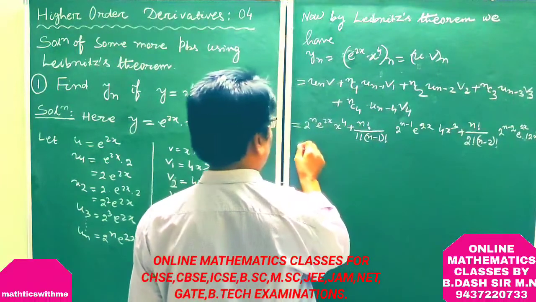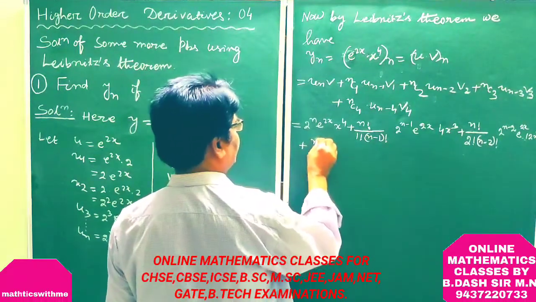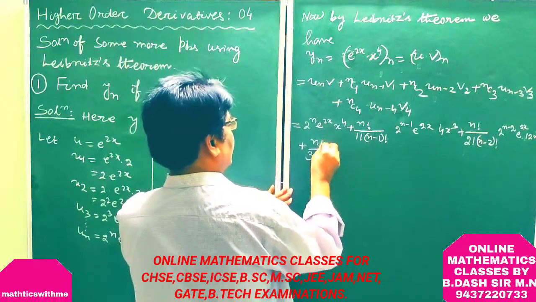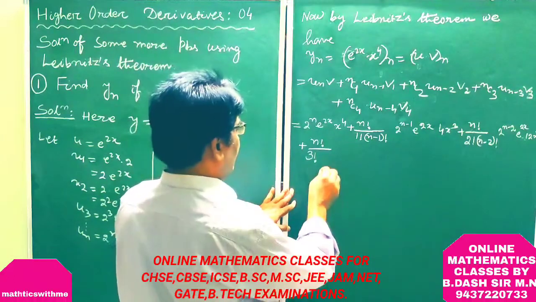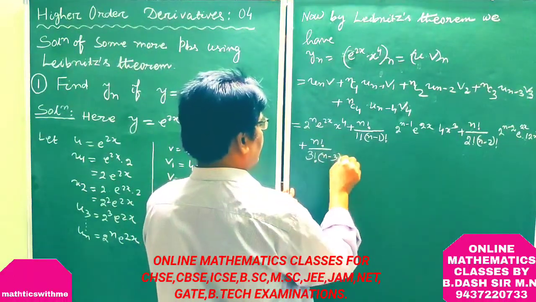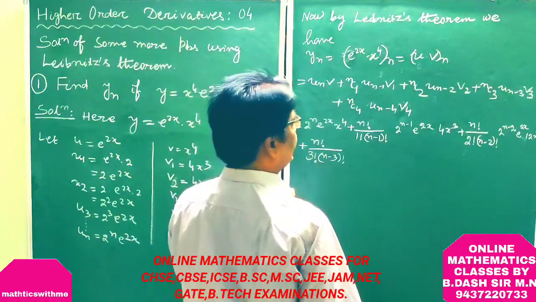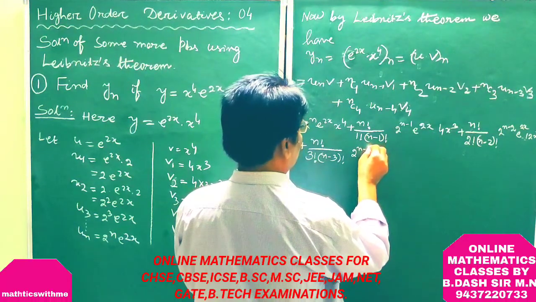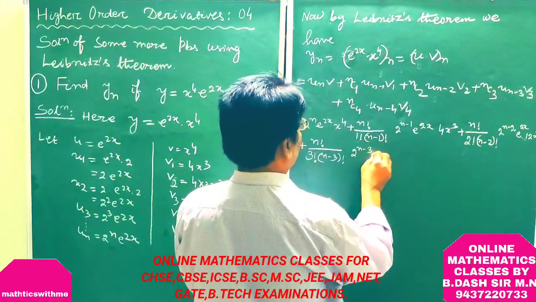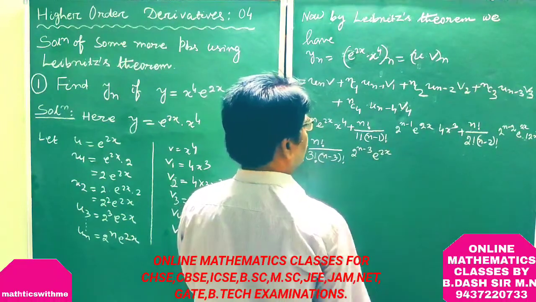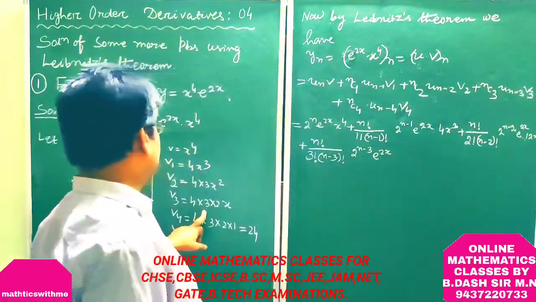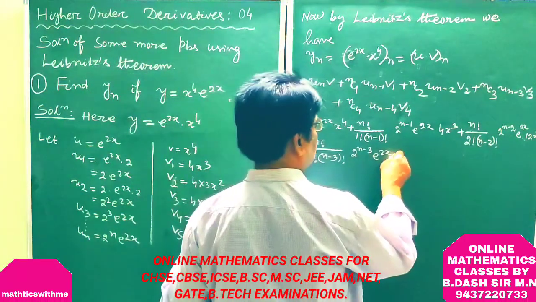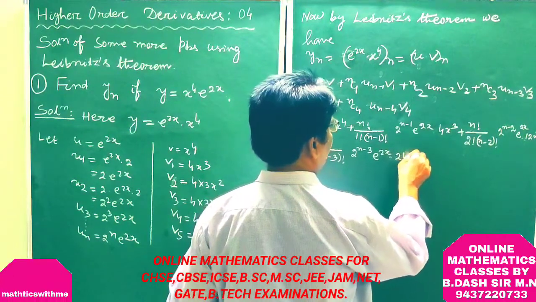Now plus nc3, n factorial by 3 factorial n minus 3 factorial. Then un minus 3 is 2 to the power n minus 3 e to the power 2x. Then v3 is equal to 24x.